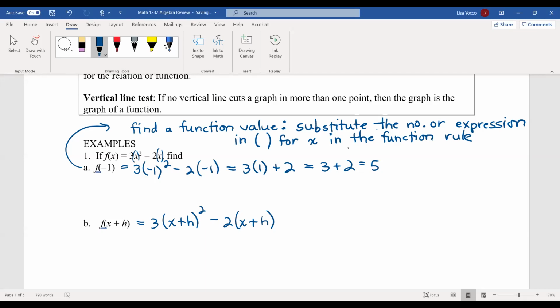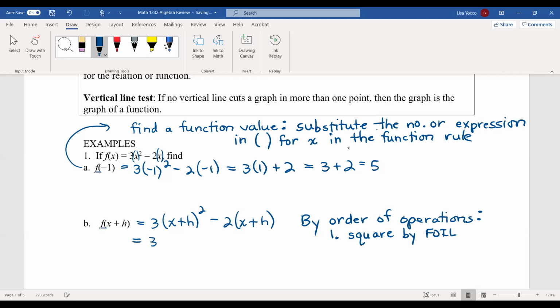Now in part A, what I said, follow the order of operations. So the first operation that will need to be done is squaring. All right, so by the order of operations, first thing I'll do is square. Most people, I would say, would do that squaring by FOIL.